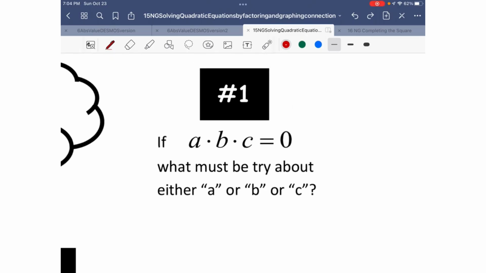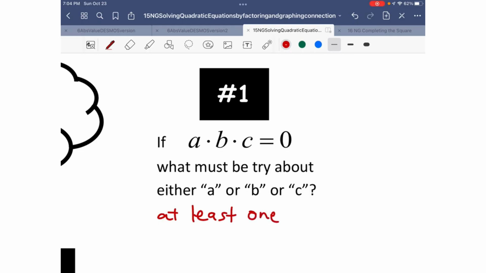So, ready? I've got three questions to consider. Number 1, if A times B times C is going to equal 0, kind of a strange equation, but basically we're multiplying A, B, and C and the whole equation is supposed to equal 0. What's got to be true about A or B or C? Come on, what's got to be true?